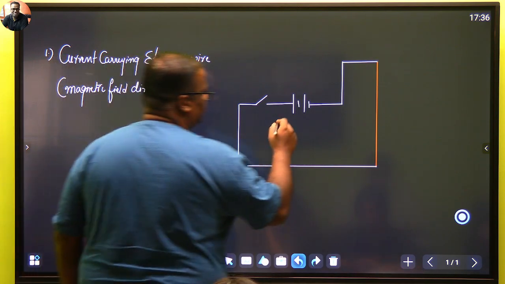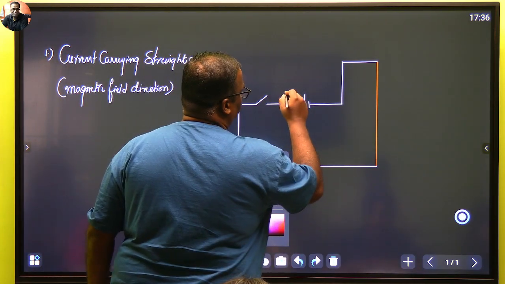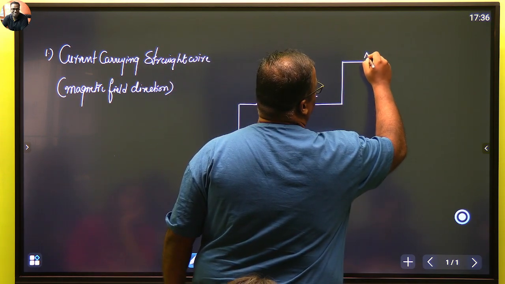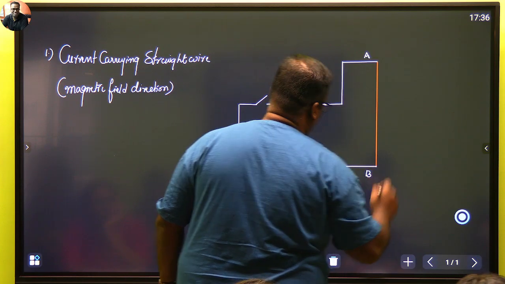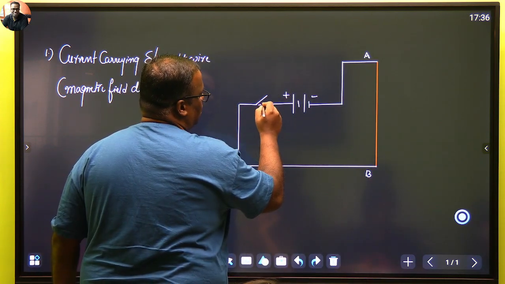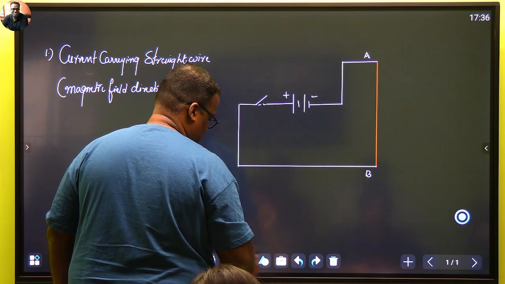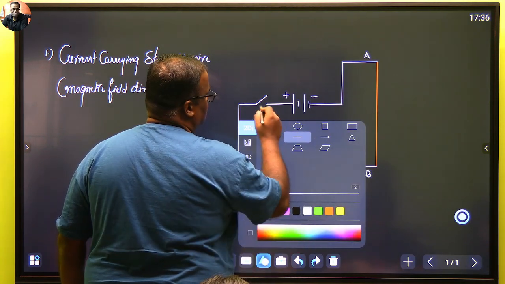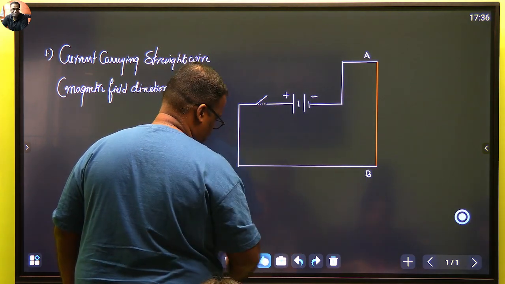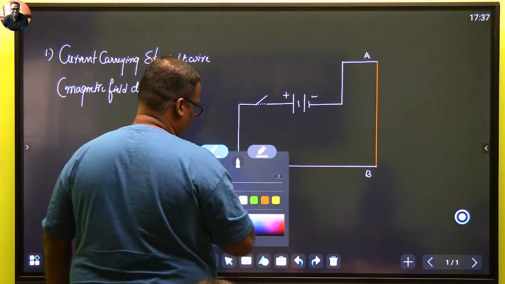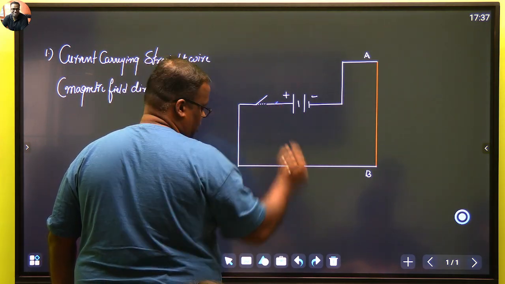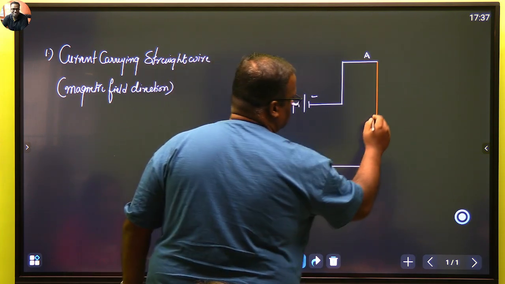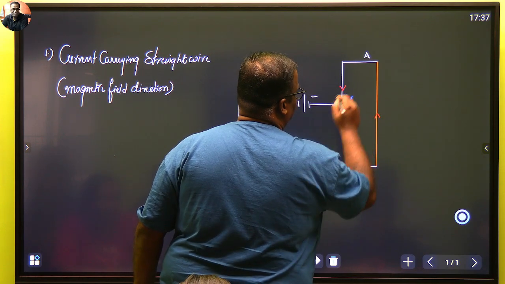This AB is my straight current carrying wire. If this is switched on, then current will flow through the circuit in this direction, this direction, this direction.